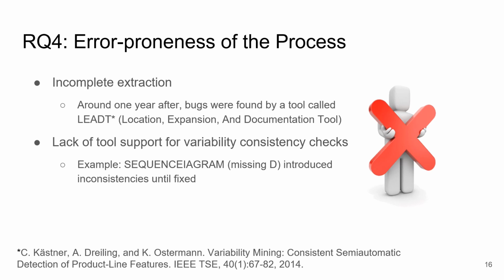The other one is that we identified cases where typos in the feature condition of the annotations create buggy states of the SPL. To support this, variability consistency checks would be desirable, as there was no validation of correct or incorrect feature IDs in the annotations.